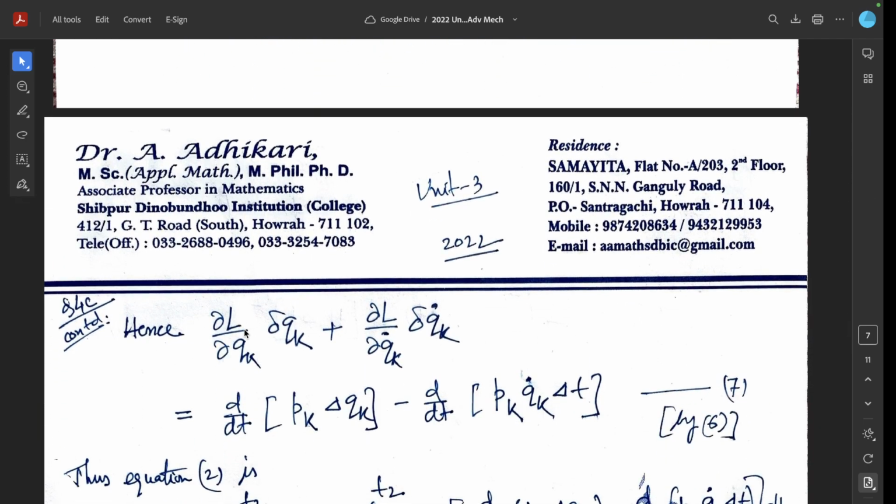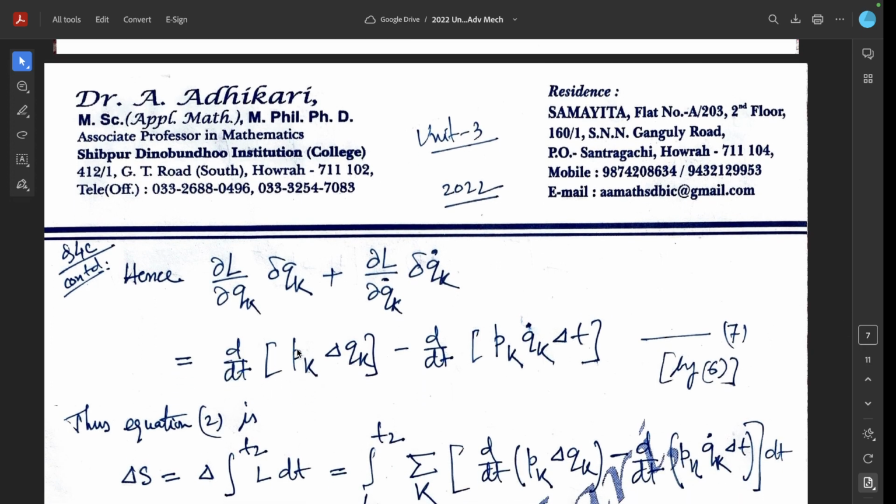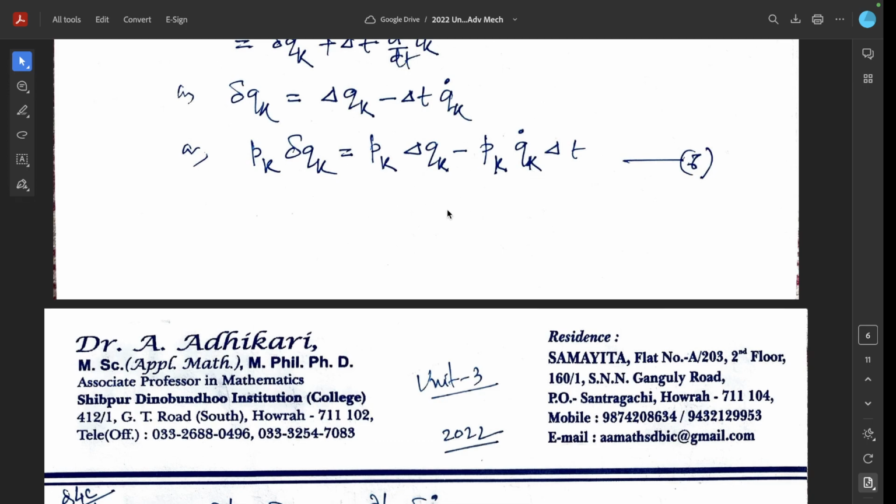Hence ∂L/∂q_k δq_k plus ∂L/∂q̇_k δq̇_k equals d/dt of p_k δq_k minus d/dt of p_k q̇_k Δt, given by 6.